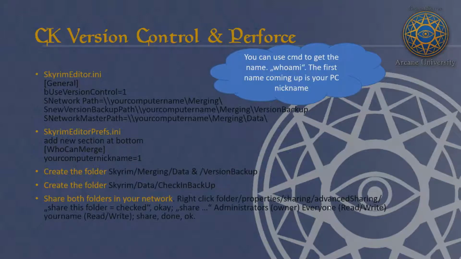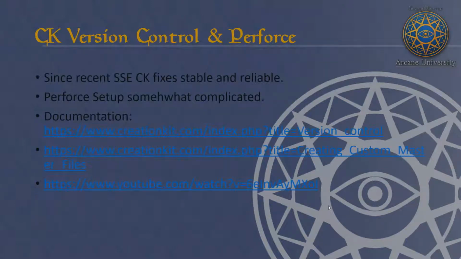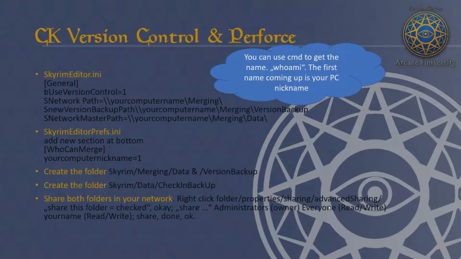So you add a line in your Skyrim editor ini file. You add a few lines in your Skyrim editor prefs ini. Then you create new folders. Then this is a bit tricky. I would suggest you watch that video and go through carefully how to share your folders. Because if they are not correctly shared, there's no chance you can actually write new files in there.